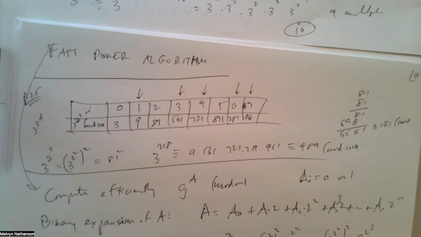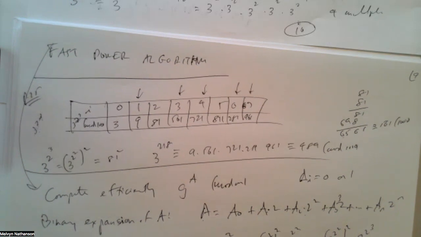So you get g to the 2 to the r. So with r minus 1 multiplications, you get all of these powers of g. And if you want, you can reduce them at each step mod n.